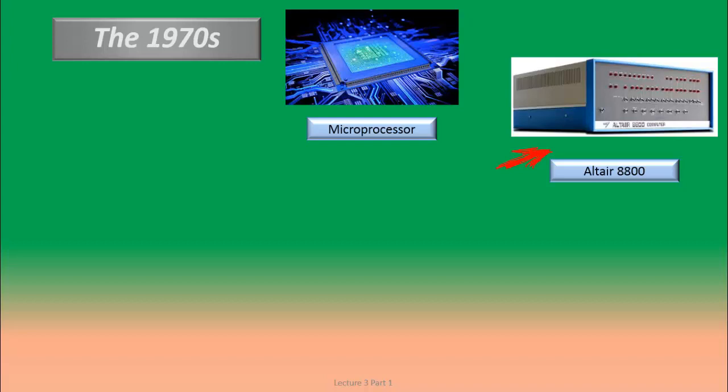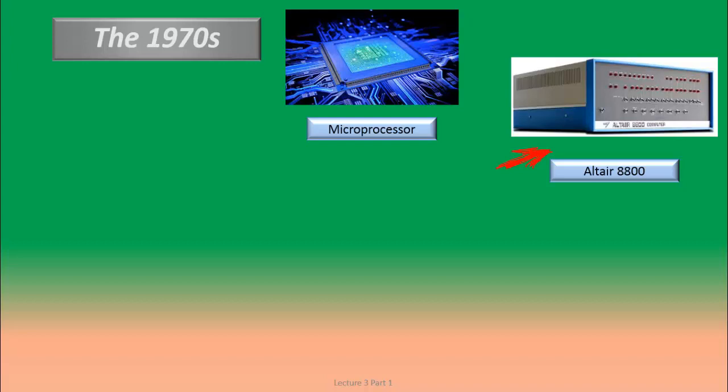Popular Mechanics Magazine put out a notice that they wanted to do a cover story on this new microprocessor, and that they would do it on any computer that someone could actually build using it, because at that time there wasn't one.